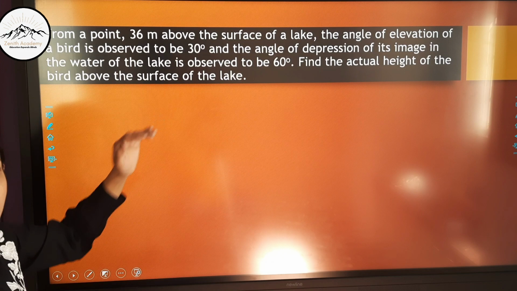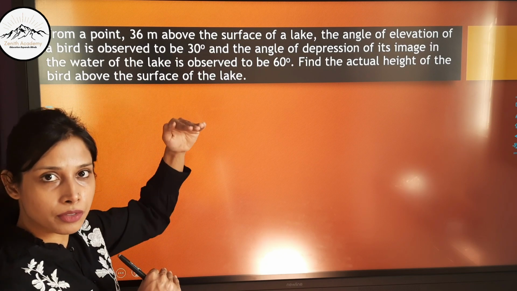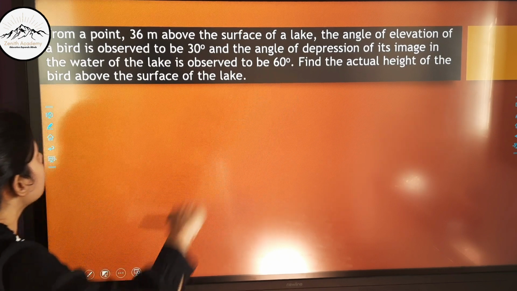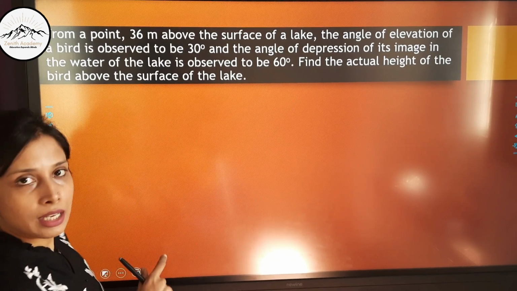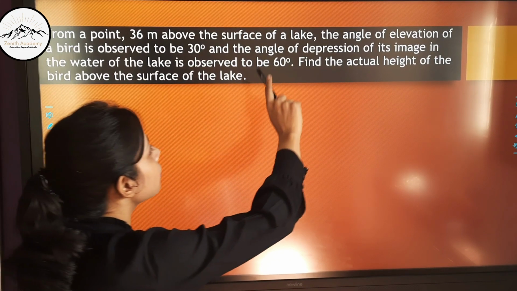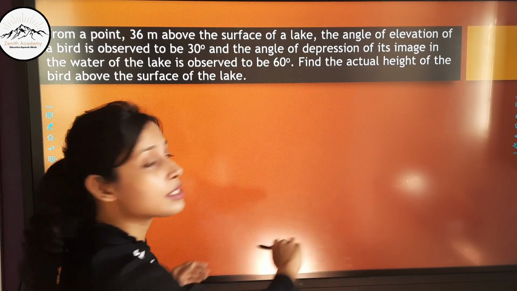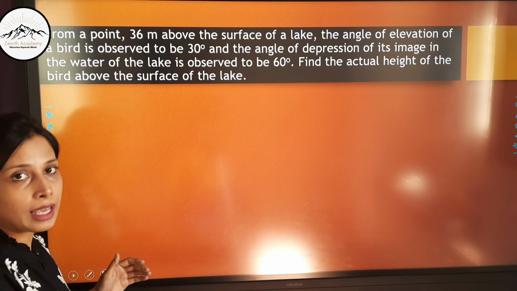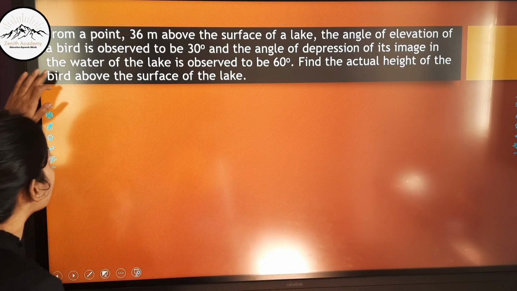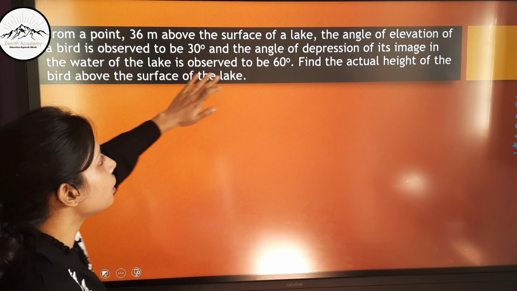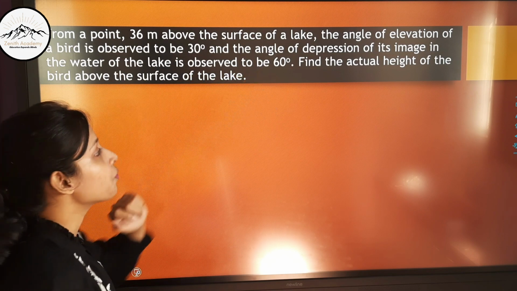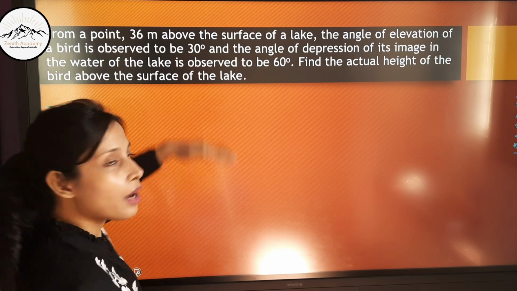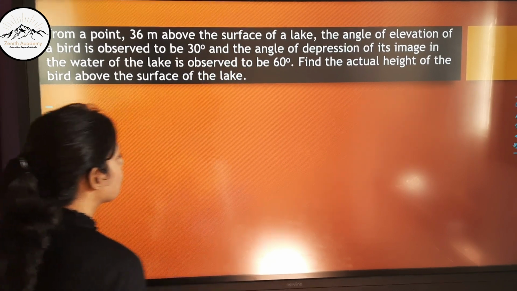There is a bird flying and from 36 meters above the lake, there is an angle of elevation which is 30 degrees and the angle of depression of its image. So when the bird is flying above the lake, its image is forming in the lake and the angle of depression in the water is given to us as 60 degrees. Find the actual height of the bird above the surface of the lake.